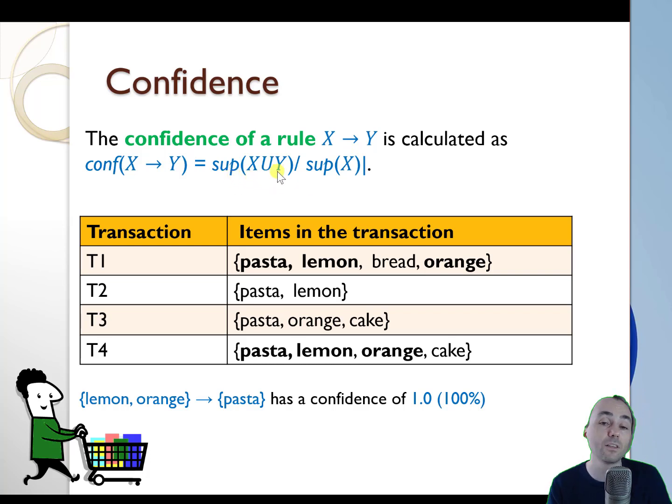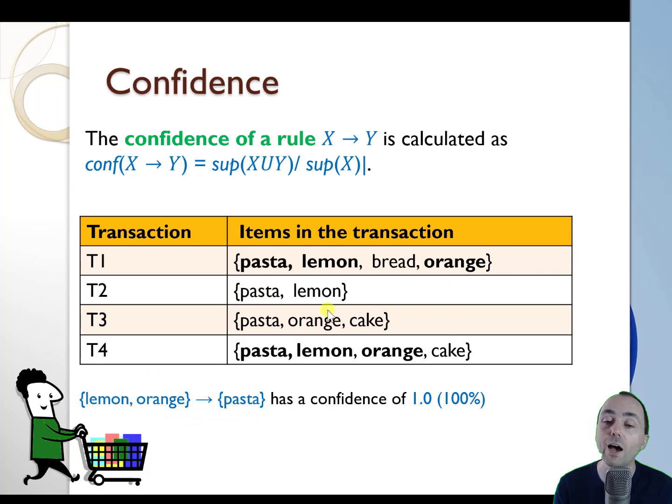It is how many times we have X and Y together, how many transactions, divided by how many times we have X, with or without Y. Okay. So let me show you an example. If we take the rule lemon orange imply pasta, how many times do we have these items together?